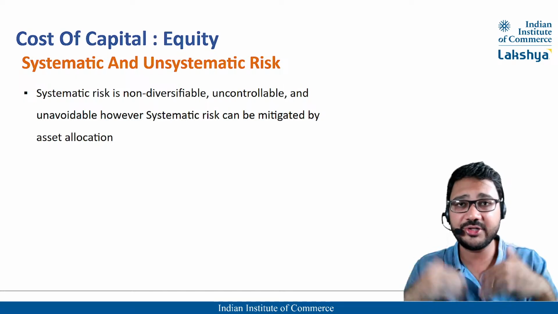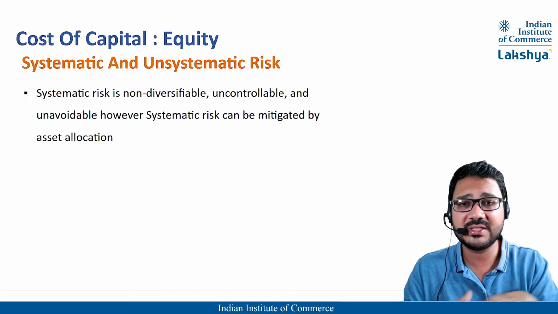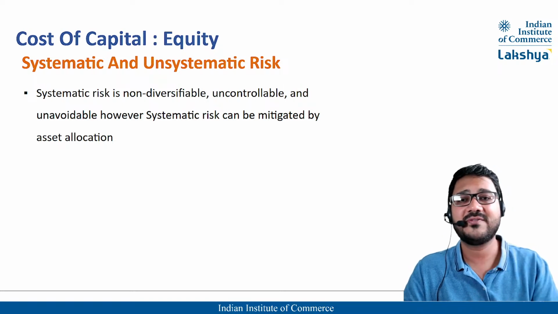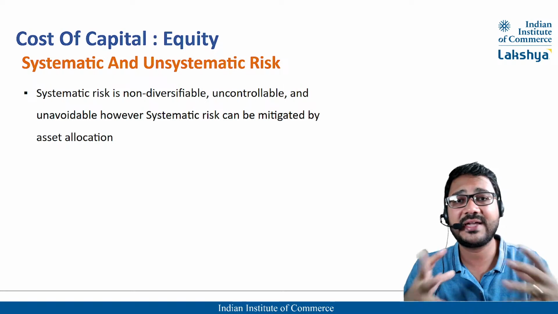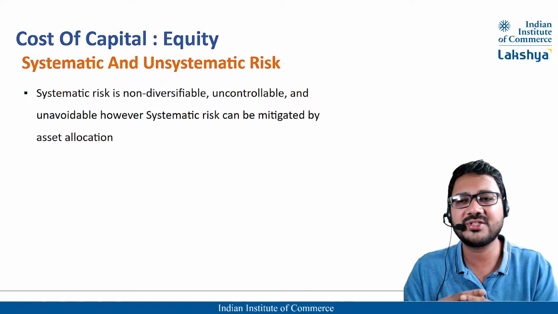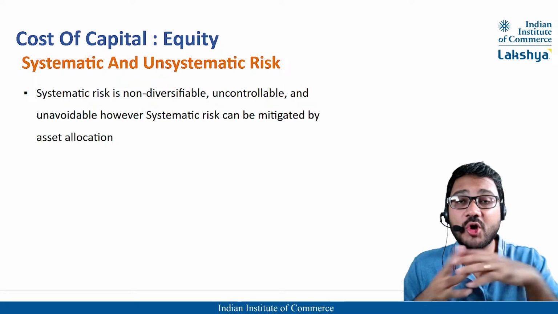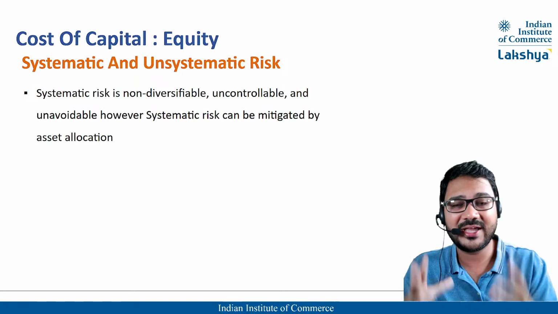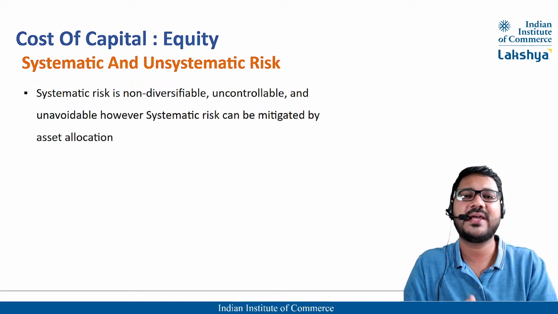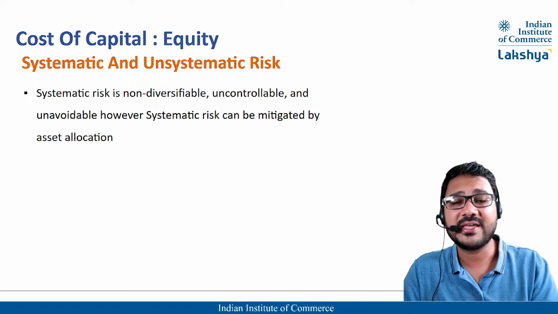So you cannot reduce systematic risk by diversifying within the same asset class, but you can diversify by investing in different asset classes. This diversification is not going to fully take care of your risk, but to a great extent you can bring that risk down by diversifying your assets.